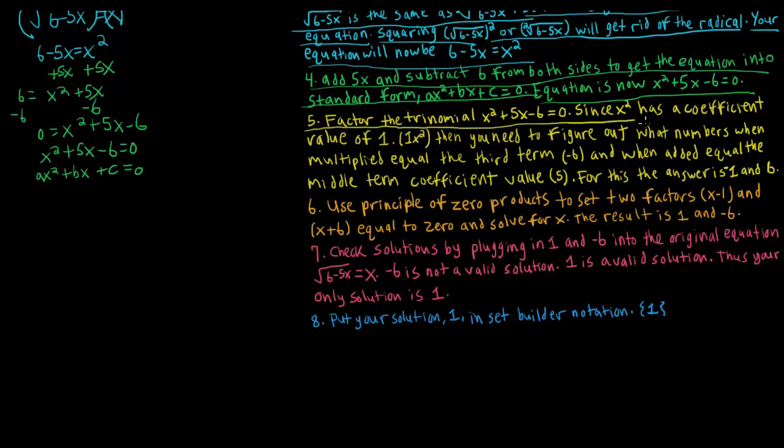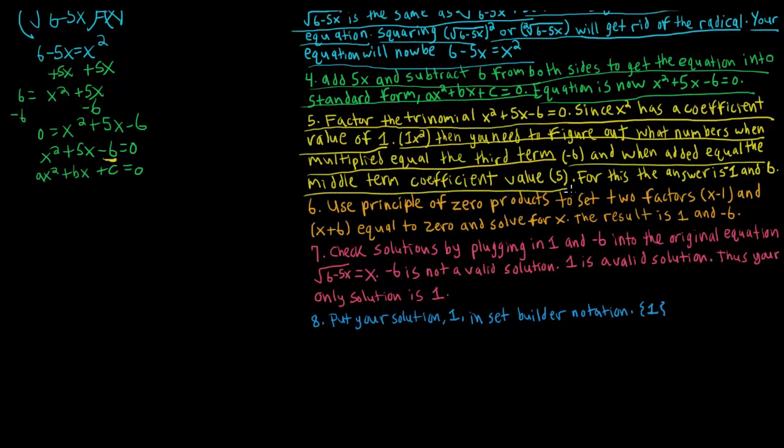Since x squared has a coefficient of 1, you need to figure out what two numbers when multiplied equal the third term, negative 6, and when added equal the middle term coefficient, which is 5. For this, the answer is negative 1 and 6. So we're just trying to factor this trinomial.